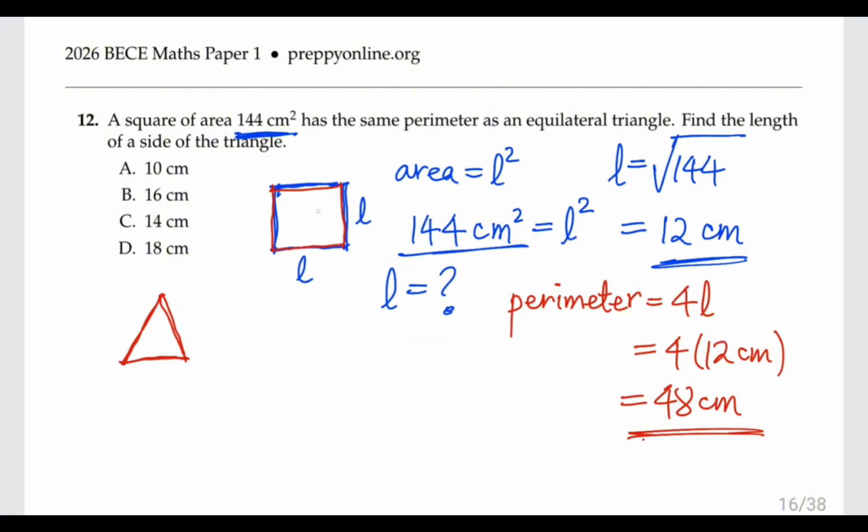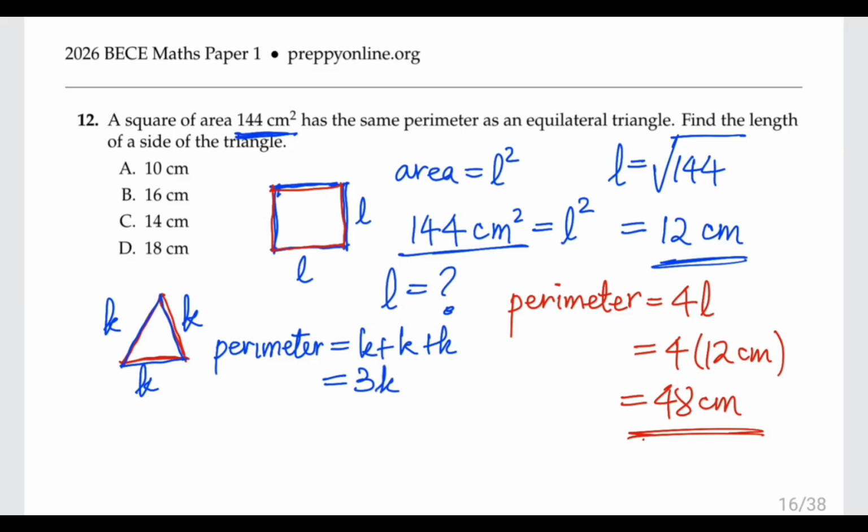So let's call the side length K. If the length of one side is K, then the length of the other side is also K, and the length of the third side is also K. So the perimeter of the equilateral triangle is K plus K plus K, which is equal to 3K.